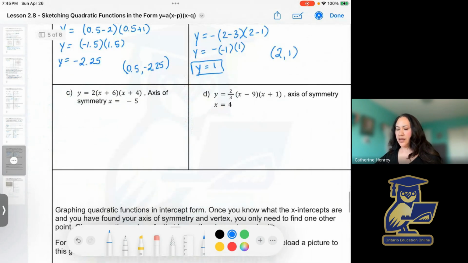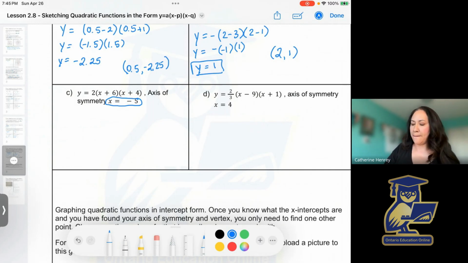So once you get the hang of that and you're subbing in the axis of symmetry into the function in order to find the y coordinate of your vertex, we'll just do it one more time here. Y is equal to 2 times -5 plus 6 and -5 plus 4.